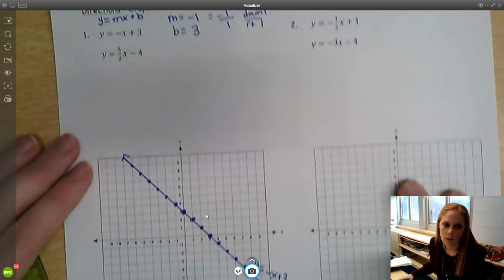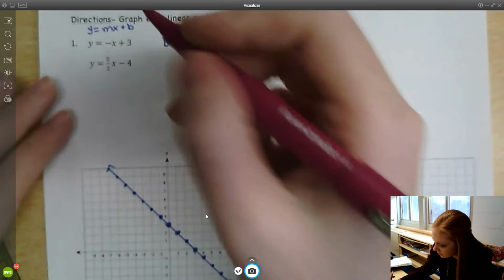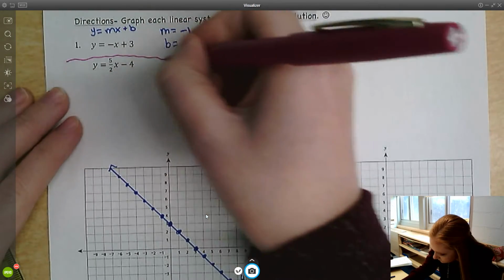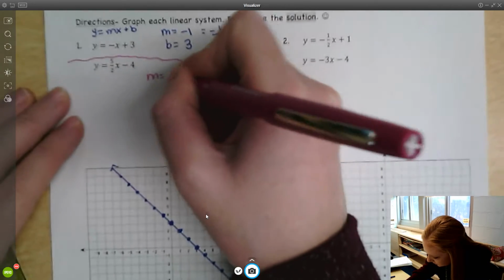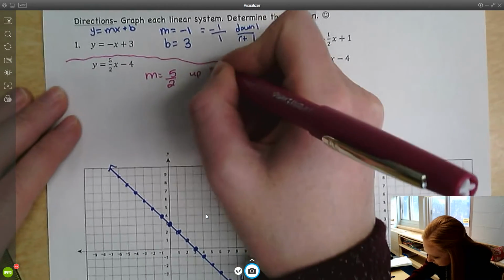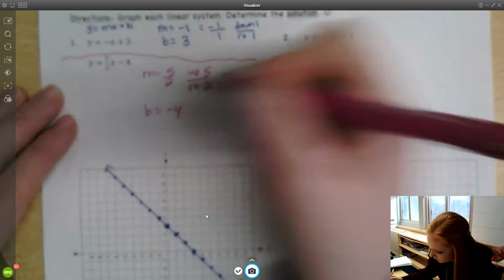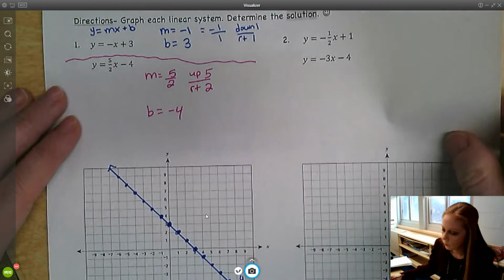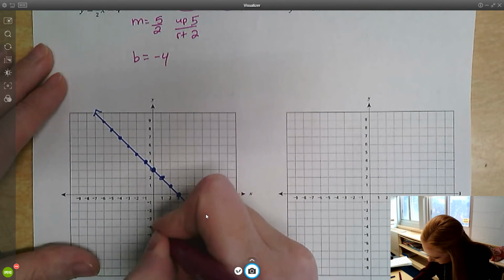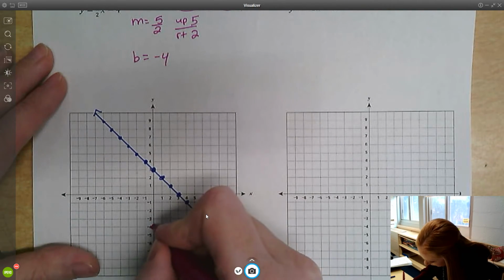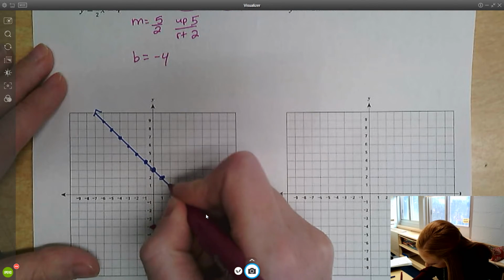Okay. And now I'm going to graph the other one in a different color. My m is 5 over 2, which means I'm going to be going up 5, right 2. My b is negative 4, so I'm going to begin at negative 4 on the y-axis. And I'm going to move up 5, 1, 2, 3, 4, 5, and right 2.